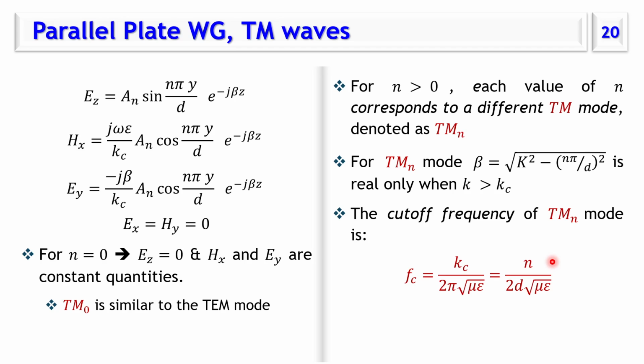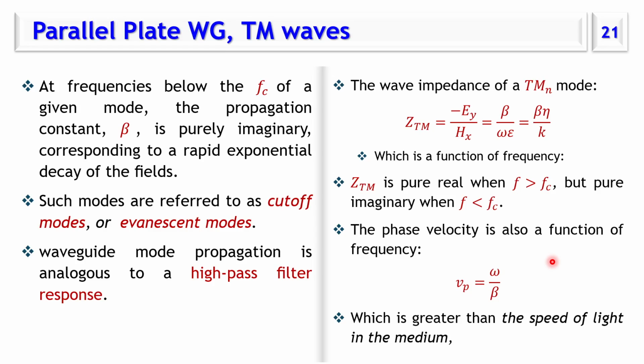Waves below that certain frequency, the cutoff frequency, will be decaying modes. When beta is pure imaginary, these are rapidly decaying waves that are called cutoff modes or evanescent modes. Waveguide mode propagation is analogous to a high-pass filter, as we said.